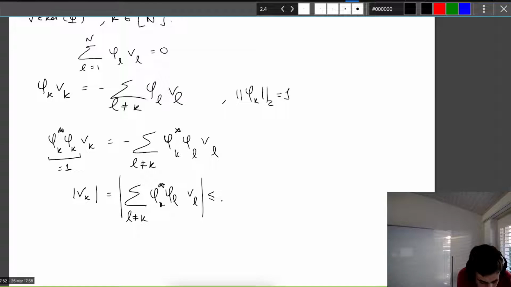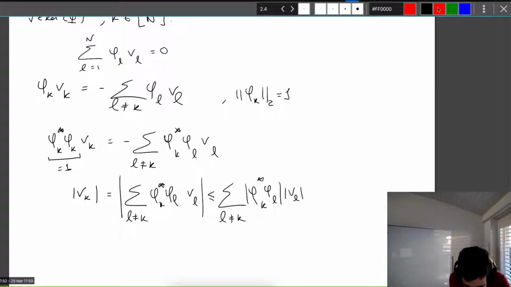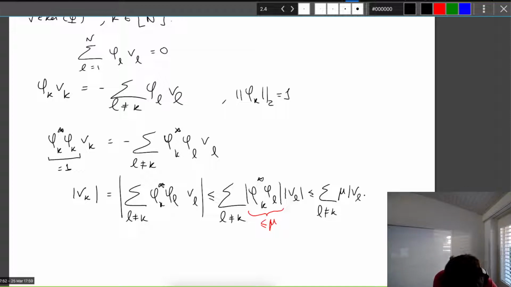But this is now smaller or equal than if I move the absolute value inside. Okay. But now this is smaller or equal than mu, the definition of worst case coherence. And so what this means is that this is smaller or equal than the sum over L not equal to K of mu VL.